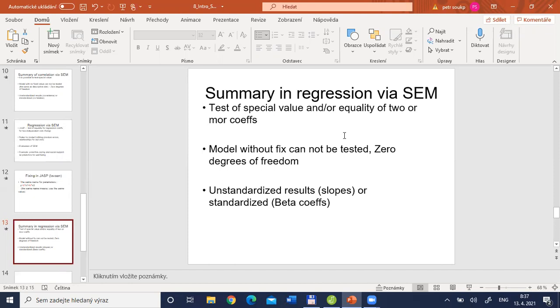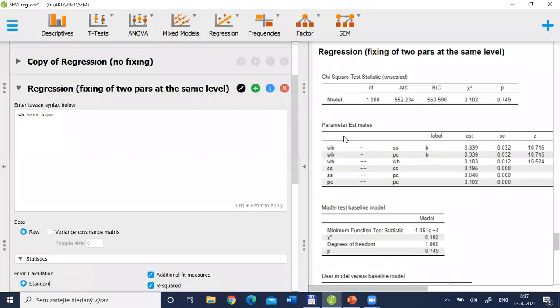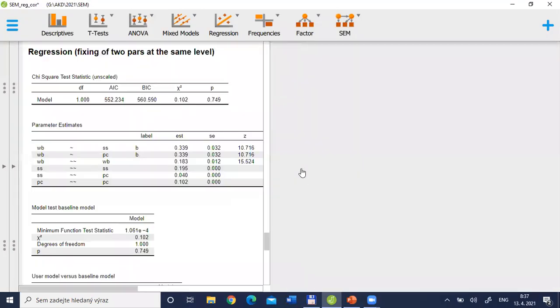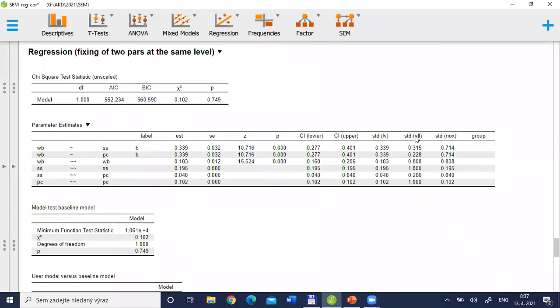And for my results, the most important are unstandardized coefficients or standardized coefficients. These standardized coefficients, once again, in the standardized all column, are the same as beta coefficients for classical regression. One more comment related to these tables. By default, JASP also includes here a confidence interval, the lower and upper bound of the 95% confidence interval for these unstandardized estimates.